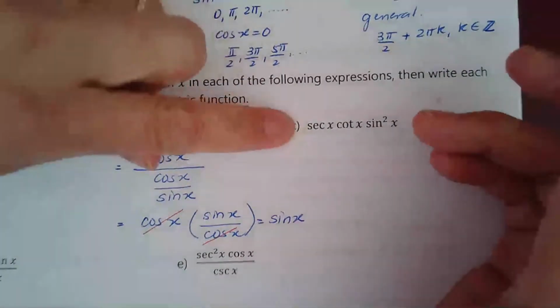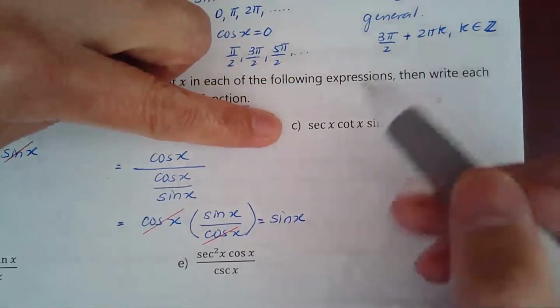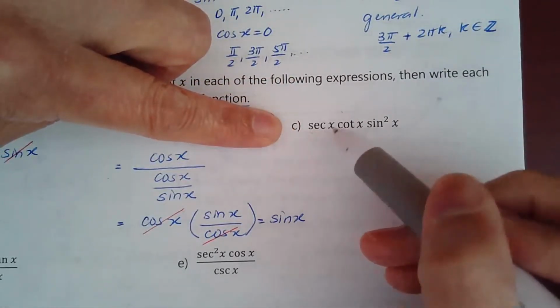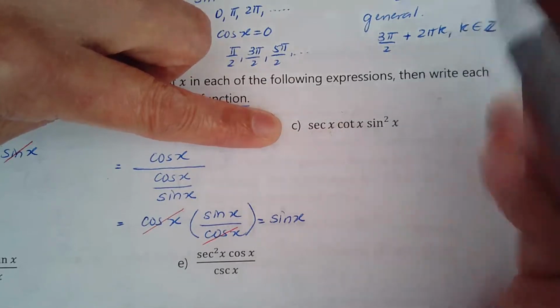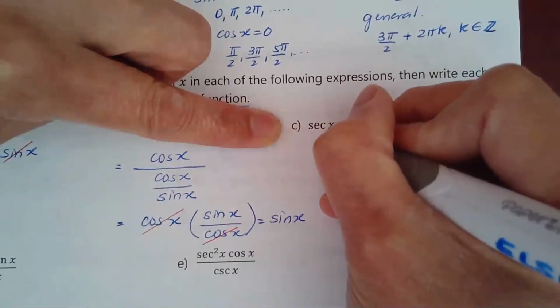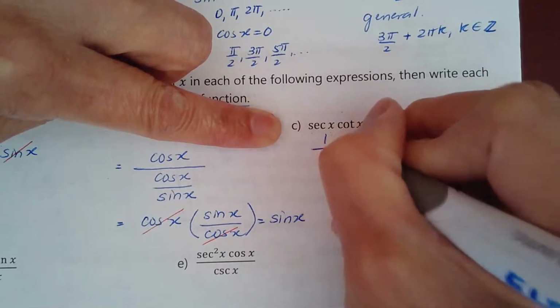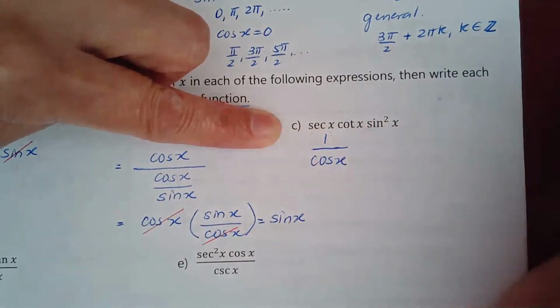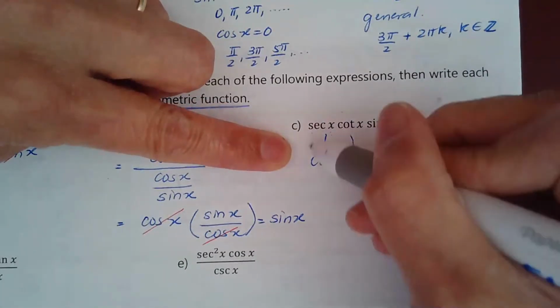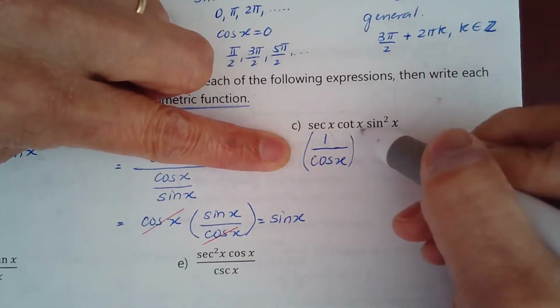Okay, let's take a look at letter C. Secant of x. Okay, well, what is secant of x? Secant of x is reciprocal, 1 over cos of x. Okay, that's what it is. And then we're supposed to multiply by cotangent of x.